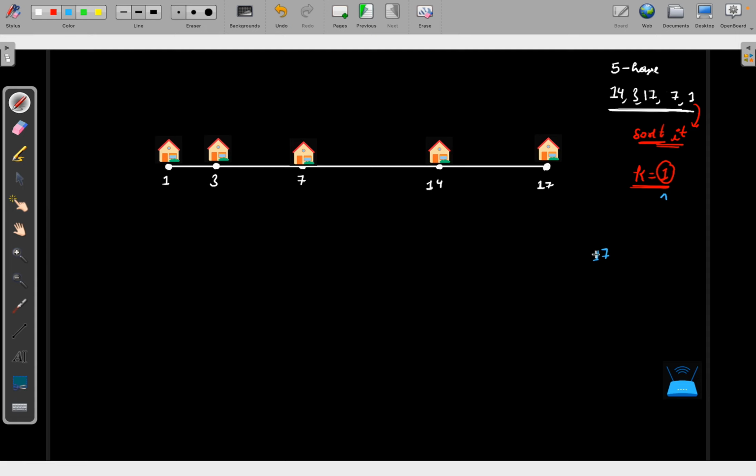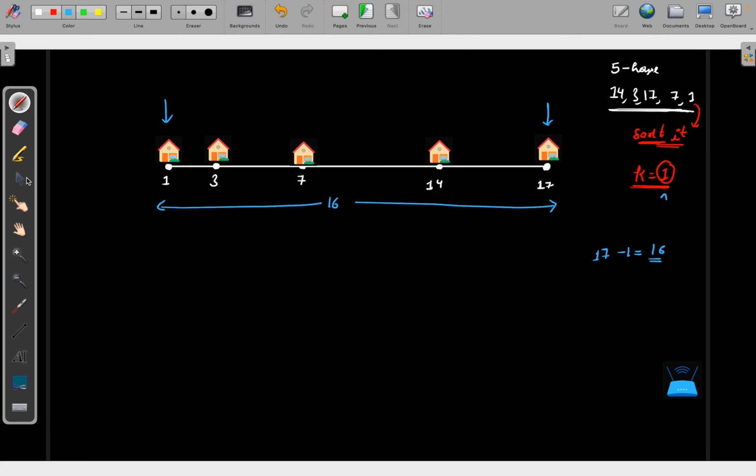So 17 and 1 are the two extreme houses. 17 minus 1 is 16, so the total distance between these two houses is 16.